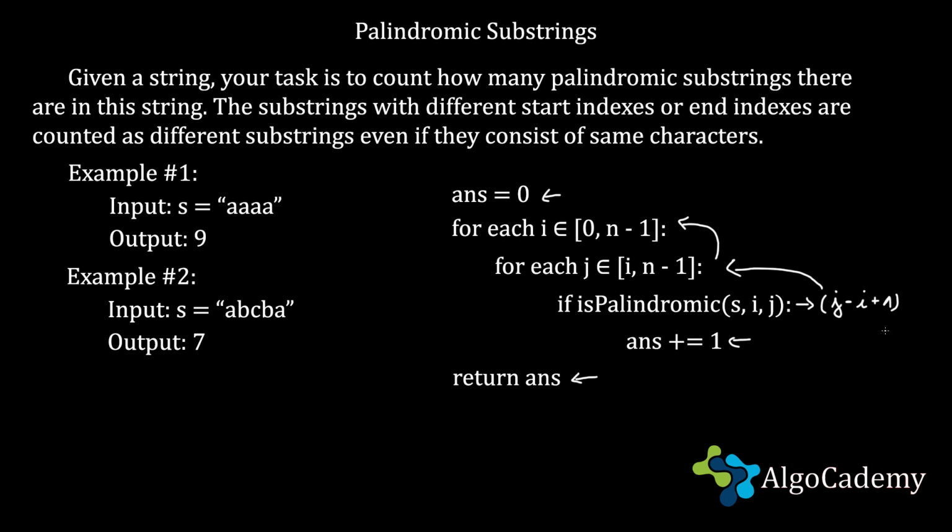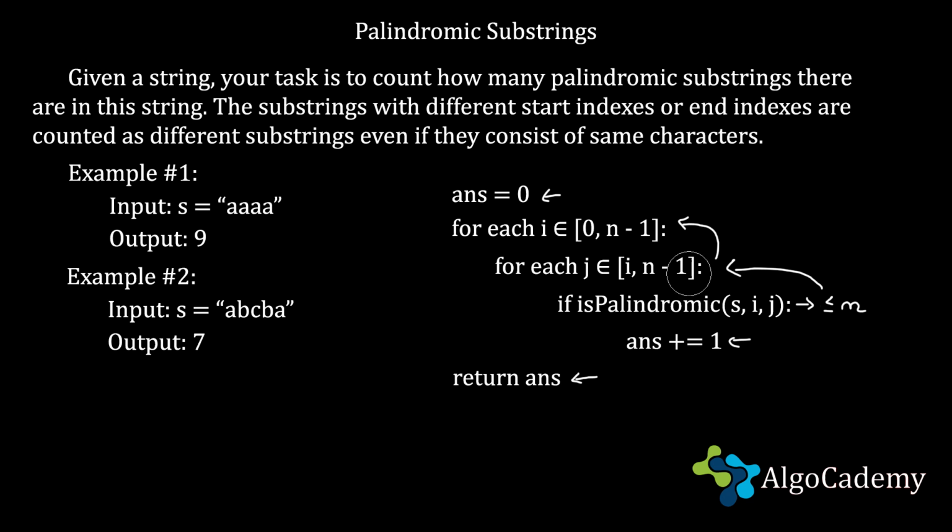But we have already tried to do that in a problem in the arrays chapter. The sum is going to be very hard to compute, so no need to do that. All you can do here is take the upper bounds and multiply them together, right? So this j minus i plus 1, which is the length of my substring, is going to be, of course, less than or equal to n. In the worst case, we are going to check the whole string.